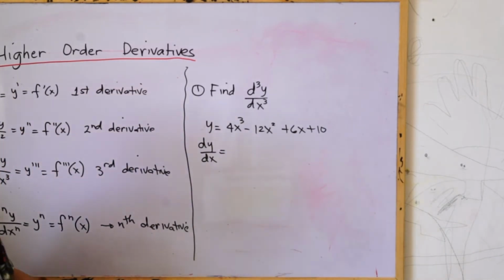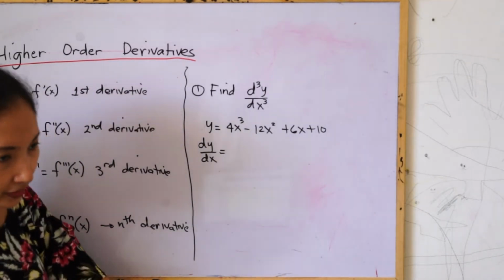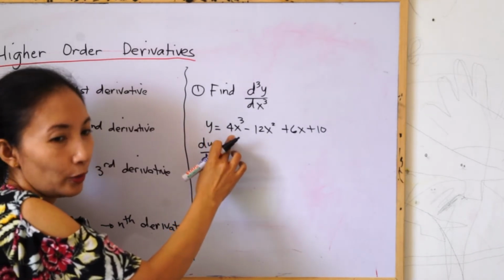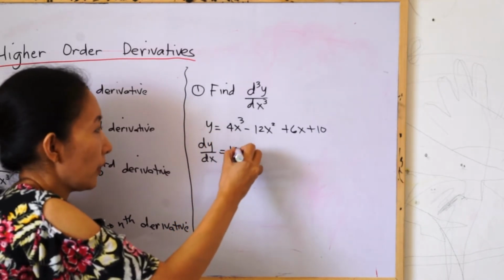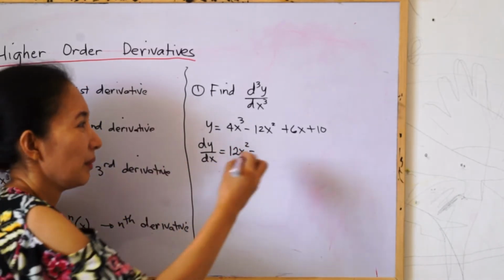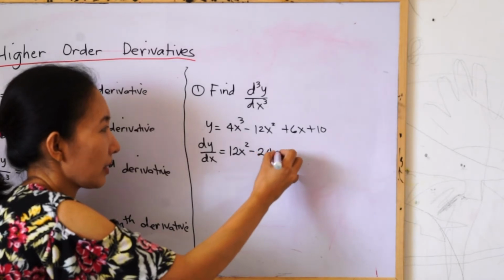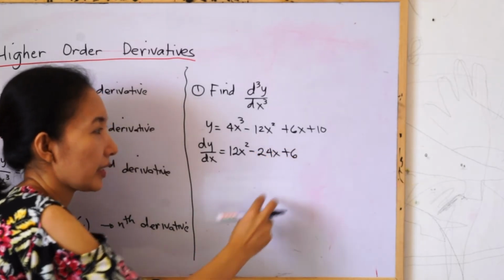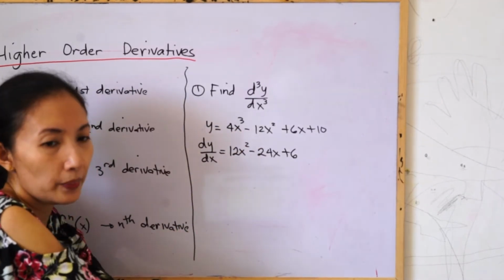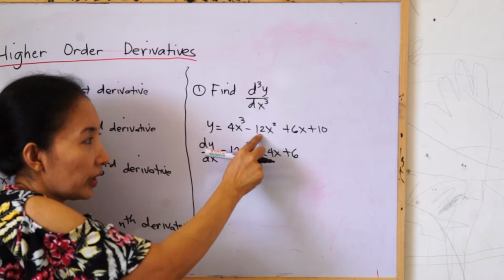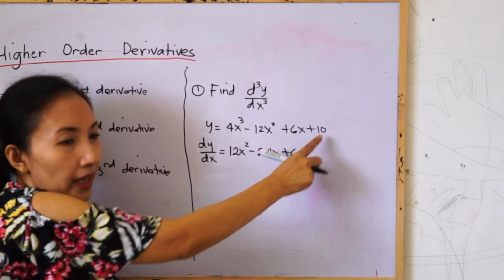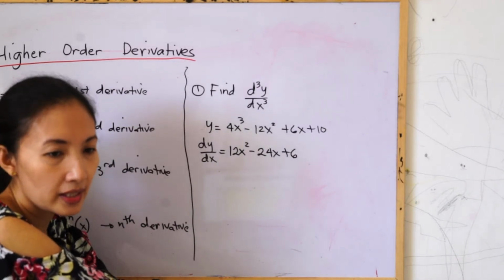Apply the power rule, the sum and difference rule, and the constant multiple rule. So this is 12x squared minus 24x plus 6. Derivative of 4x cubed is 12x squared. Derivative of 12x squared is 24x. Derivative of 6x is 6. And derivative of 10 is 0.